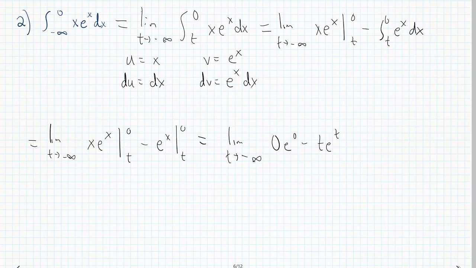Okay, and so from there, what do we have? We'll have this, and then minus e to the 0 minus e to the t. Wowzers, right? Trying to write all this out.